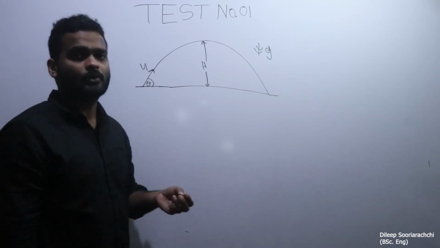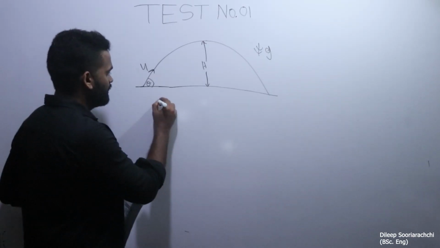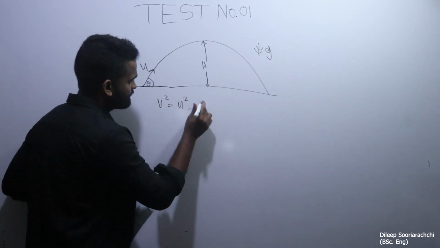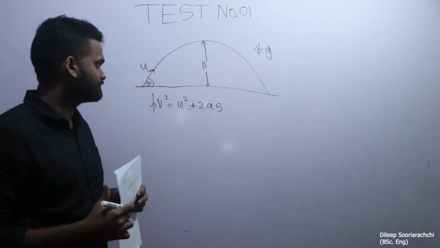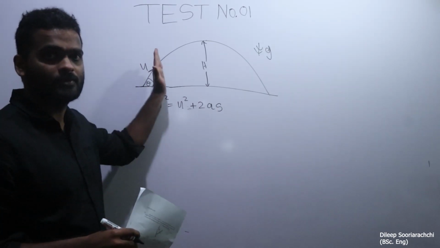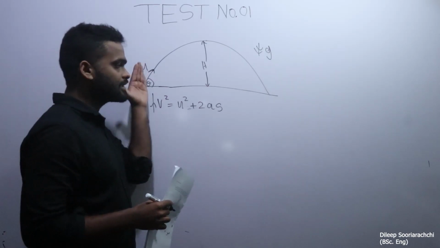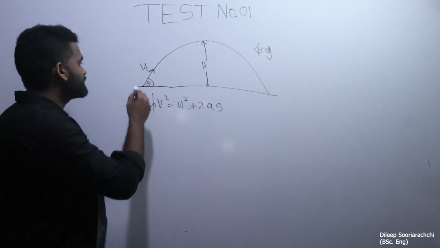So this is a simple question. All you have to do is just apply v squared equals u squared plus 2as upwards, vertically upwards. So here you are only considering vertical components, right? So you just have to substitute all those vertical components.